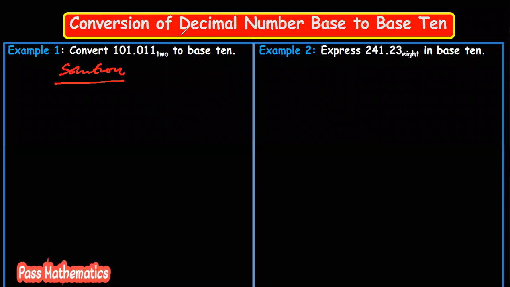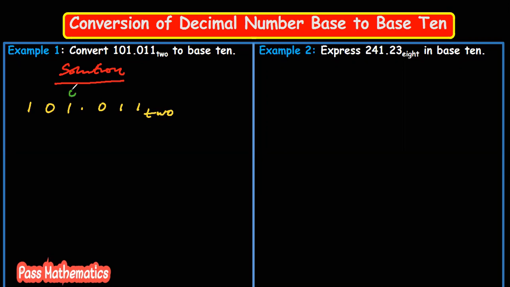The first example says convert 101.011 in base 2 to a base 10 number. So we write our number, 101.011. This is in base 2. And then we are going to use power expansion.